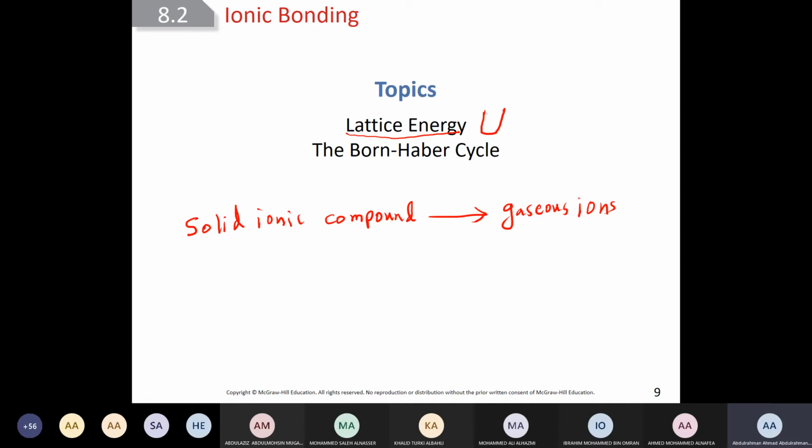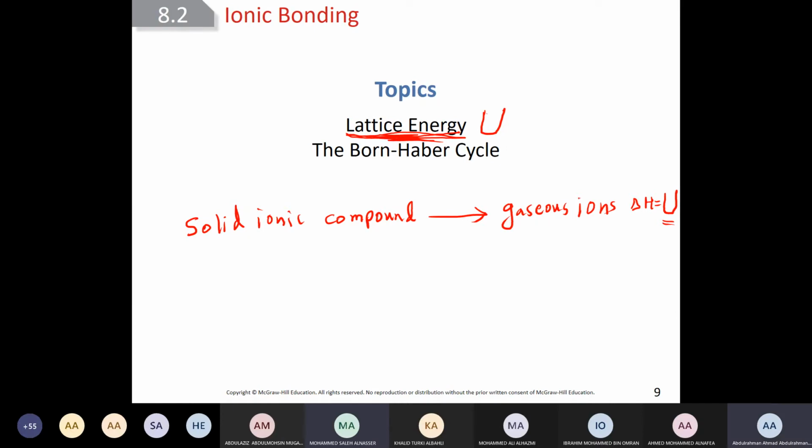And delta H for this reaction is called what? U. Read the name: lattice energy. Define to me what lattice energy is. The energy required to change the solid ionic compound into gaseous ions.